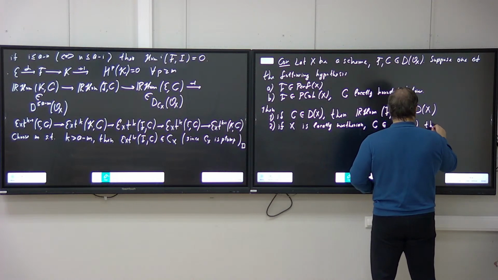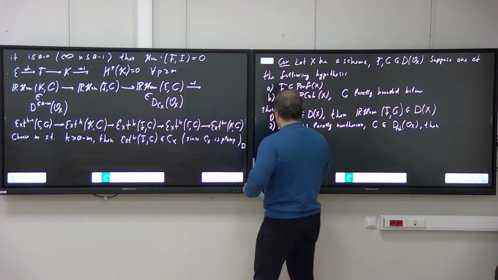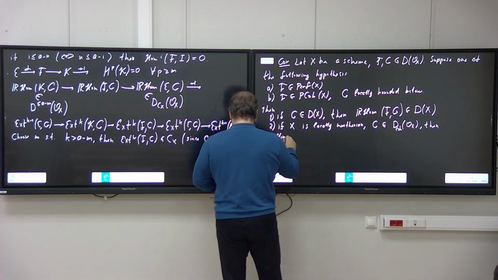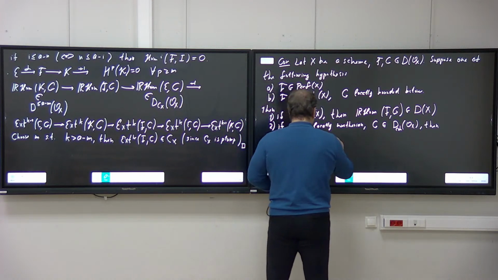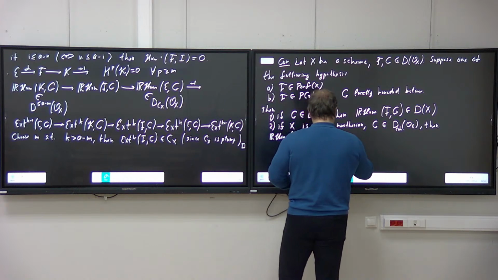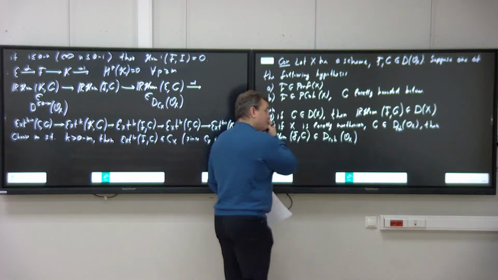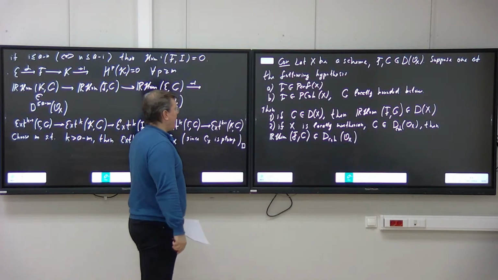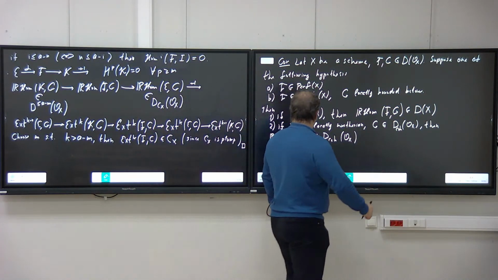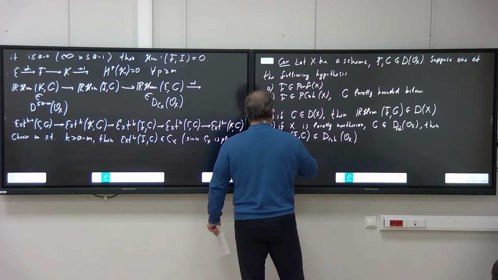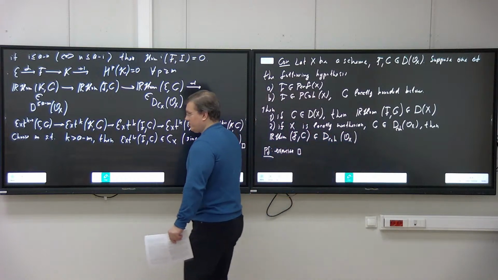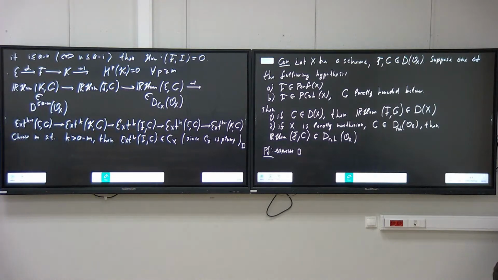Then the derived local Hom between F and G is again a complex with coherent cohomology. Or you can formulate this equivalently with the local Ext being coherent. Okay, so the proof is an exercise, of which the first part I think I explained. The second part I'm not going to explain because I'm not going to use it. It's just one of the details that you can show.